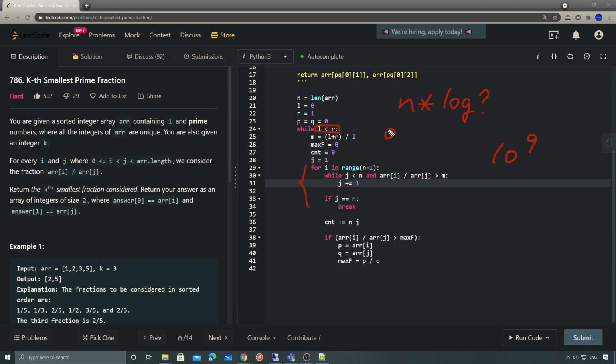Because when we have 0 to 1, it will be divided to 0.5, and then 0.25, and then 0.125, and so on and so forth, so it'll be divided to a lot of decimals. 9 decimals should be accurate enough. That's why we have n times log this, which is pretty fast, close to n, right?